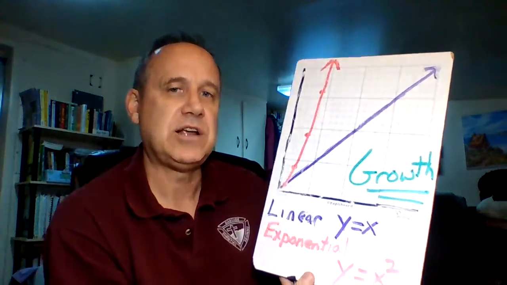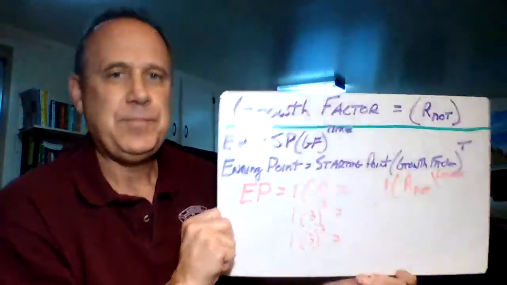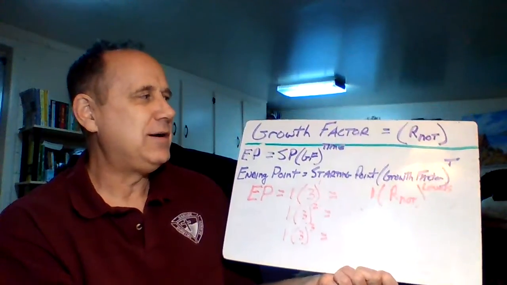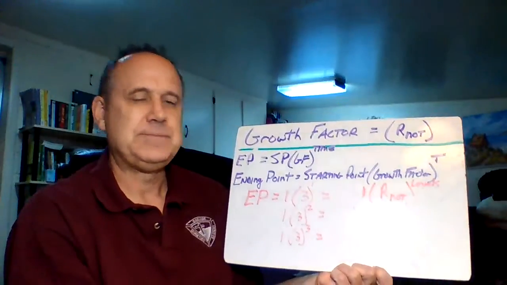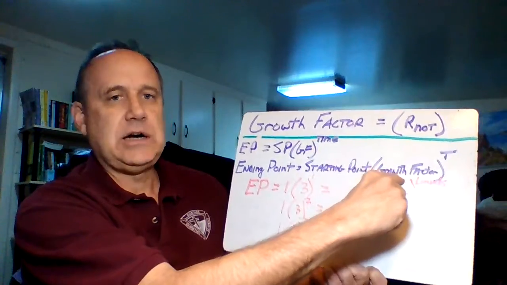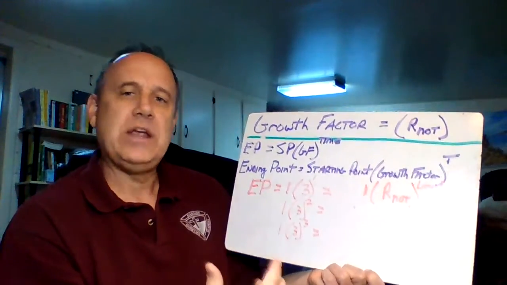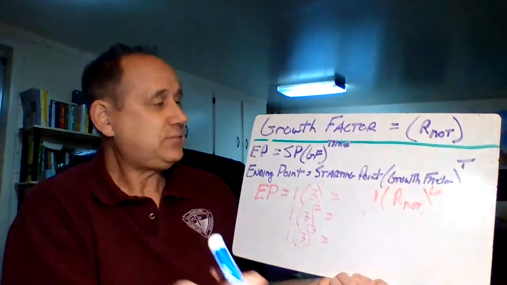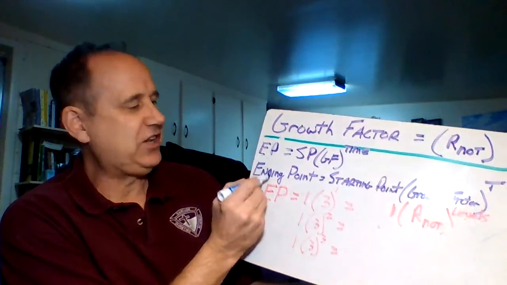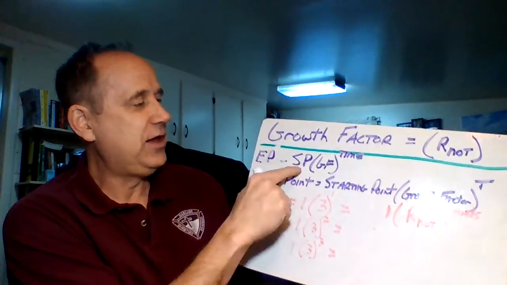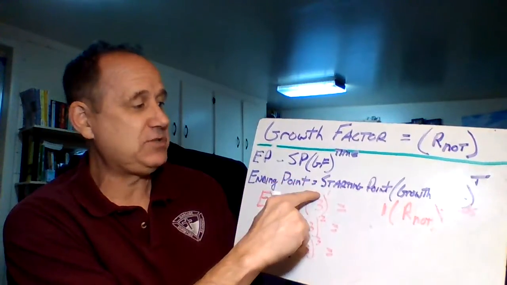So now let's take a look at some other numbers and some other information. What we basically have is what's called a growth factor. The equation I'm going to use, and the equation you are going to use, is EP, which stands for my ending point, my ending number, equals SP, my starting point.